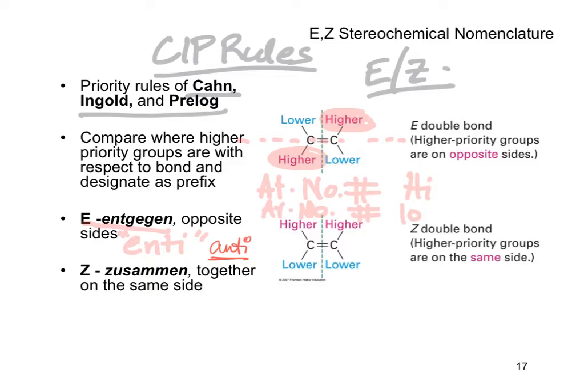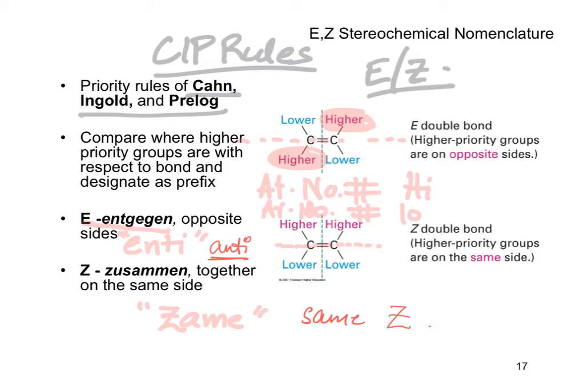Likewise, if you look at the priority orders and they end up being on the same side, then we would call it zusammen. So that would be Z. Does that make sense?